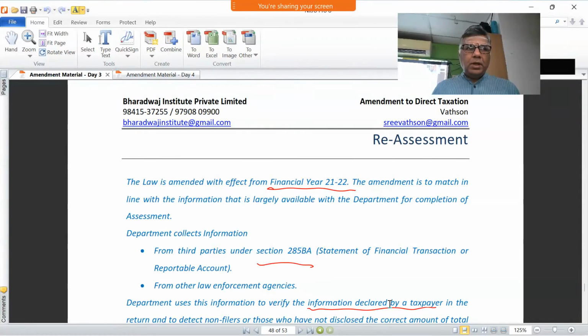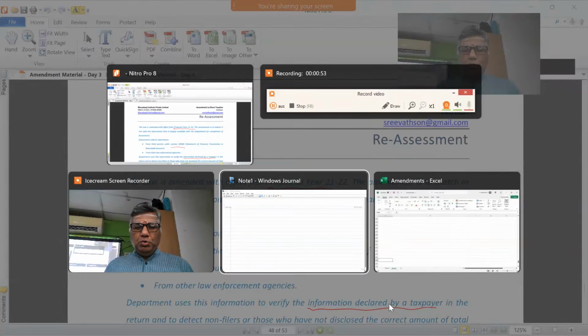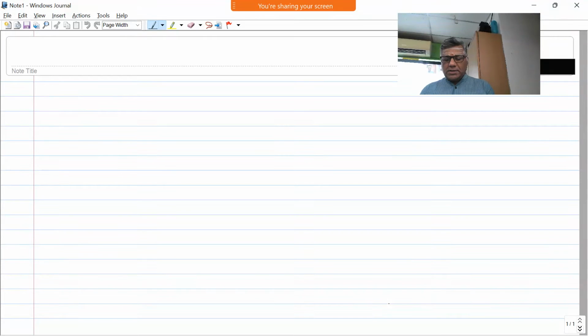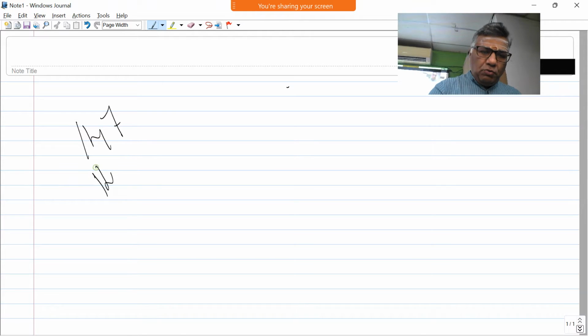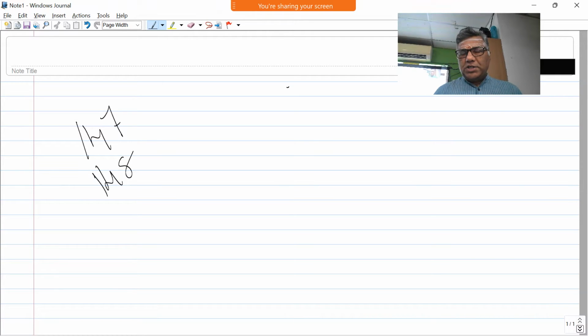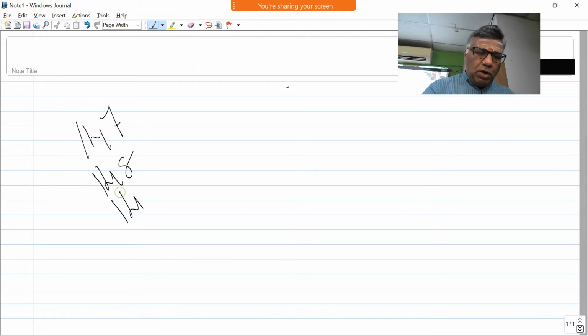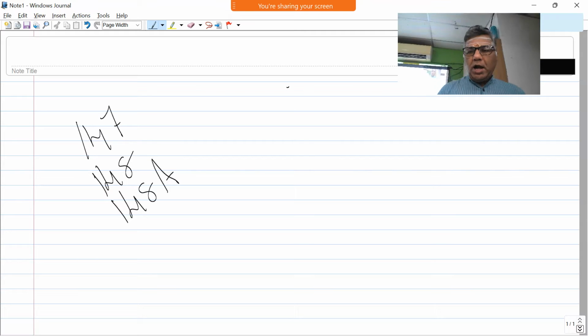Yesterday, we had a detailed idea about reassessment procedures, the newly incorporated reassessment procedures. We had an idea about 147, that is the assessment section. 148, that is the section which specifies the notice on reassessment. 148A, the newly introduced show cause notice.